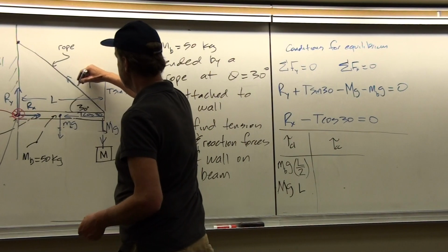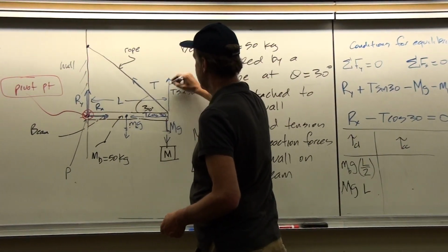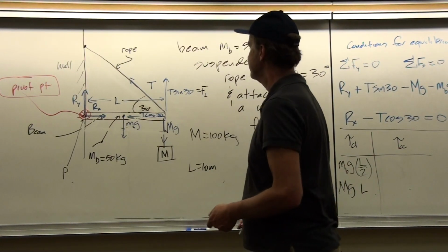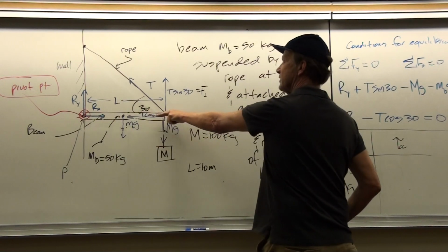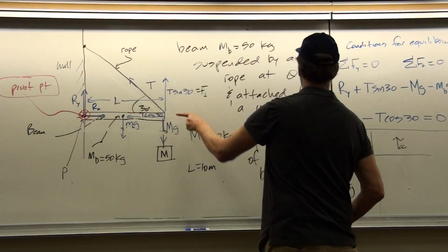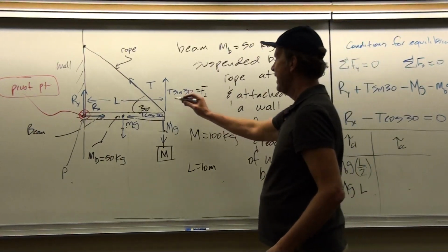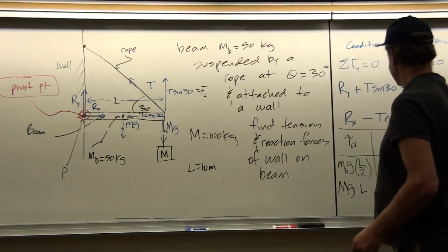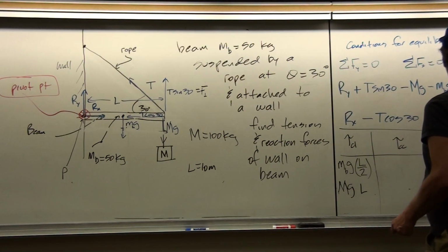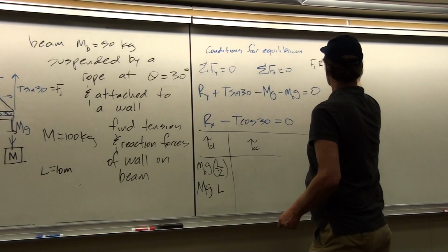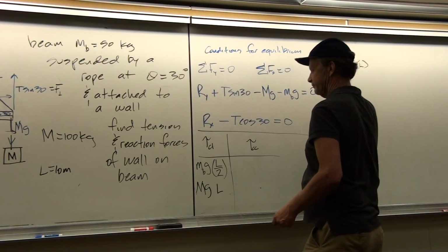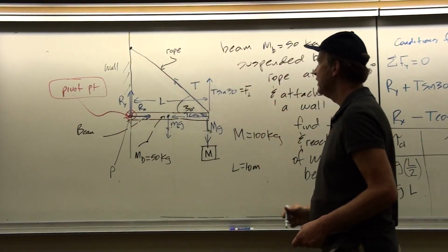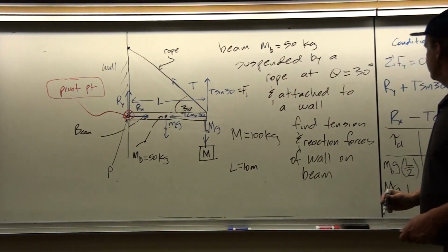Now finally, for the torque, the tension force is going to have to be broken up into a perpendicular component. That's F sine 30 times this total distance r. So that's the same thing then as F sine 30 times r. So that's your F perpendicular r, in this case, T sine 30 times L, because L is the length of our radius vector for the part of the tension that's perpendicular to the radius vector r.